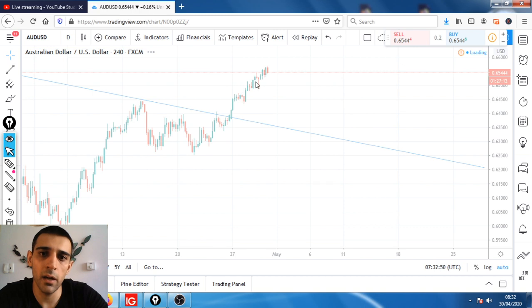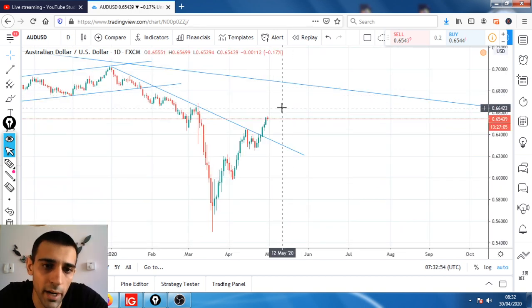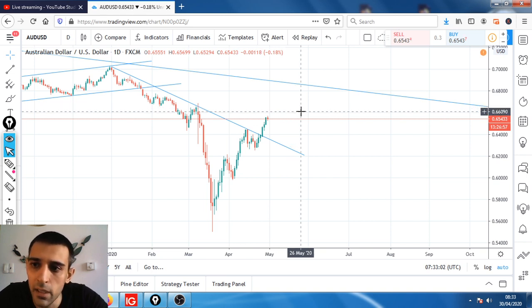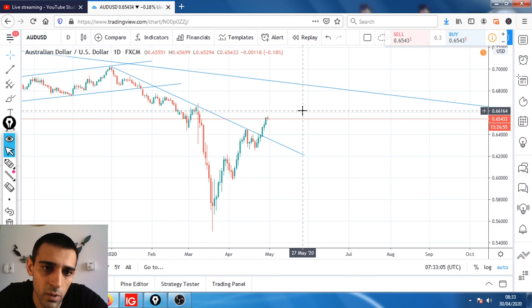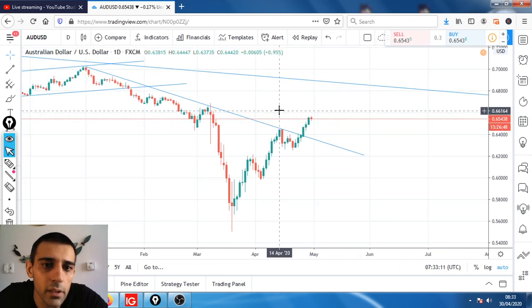So if the price sets up, then we're going to leave it to run. Our original target is at 65.80, same as mine, but we're going to leave this one to run a bit further up. Yeah, a bit tricky.